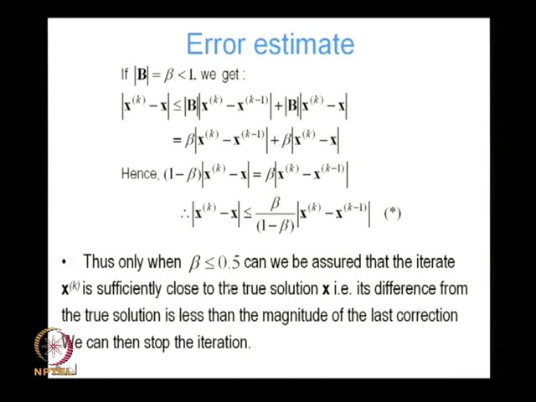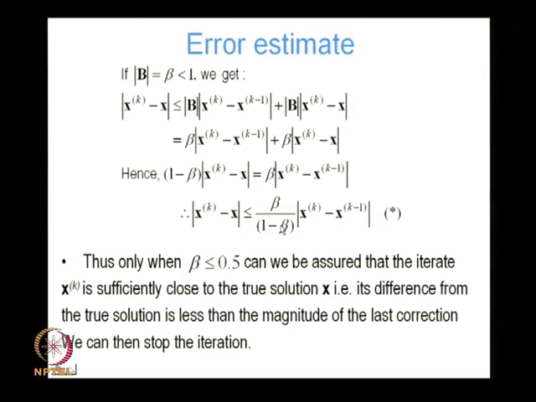So, that means that the iterate x_k is sufficiently close to the true solution, that is, the difference of x_k from the true solution, norm of x_k minus x, is less than or equal to the magnitude of the last correction. This is the last correction, x_k minus x_{k-1}.